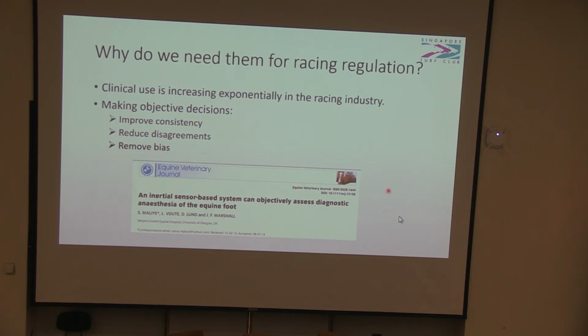But I think we have to accept that we are. For example, if you have a horse break down in race 1 and you have a horse break down in race 2, I think it's fair to say that the horses in race 3 are going to get a much more highly scrutinised examination. So although we try not to be biased, there is bias there, but the computer is not biased.